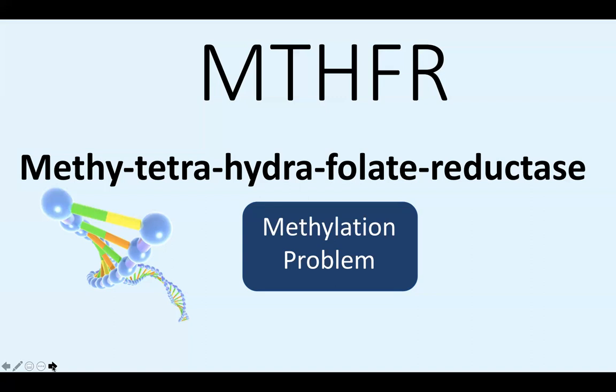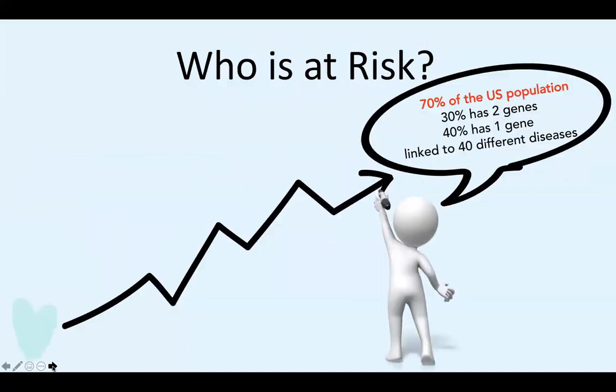So there's a whole host of conditions that relate back to having a methylation problem. That's why it's so incredibly important to do this test on all of our functional medicine patients, not just the cardiovascular patients, but all of our patients.